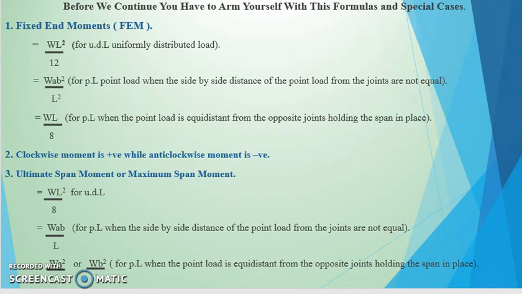First, you have number 1 here, that the fixed end moment of any beam or any structure you're taking into consideration is WL squared over 12 for a UDL, uniformly distributed load, and WAB squared all over L squared for a point load when the side-by-side distances of the point load from the joints are not equal, and WL over 8 for a point load when the point load is equidistant from the opposite joints holding the span in place.